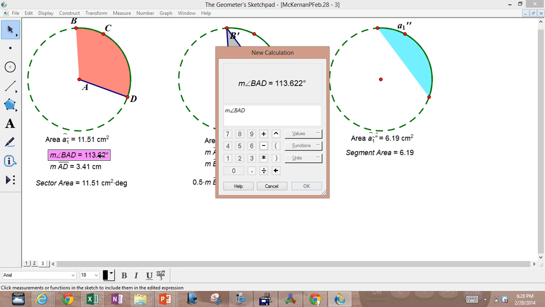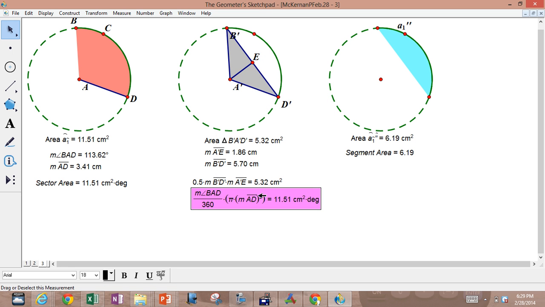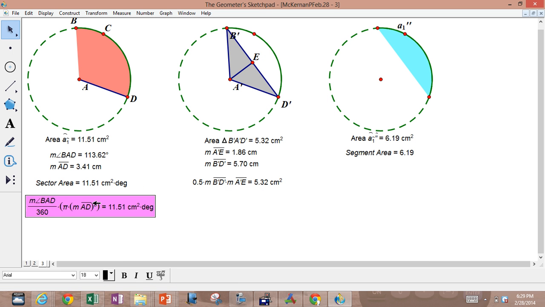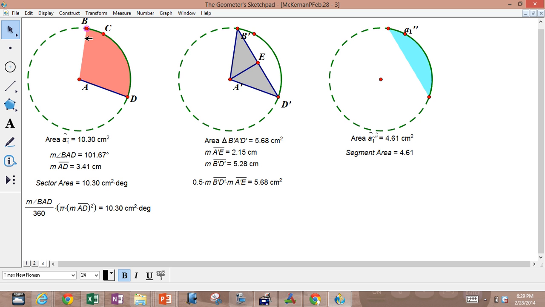The fractional part, the angle divided by the angle measure, 360, times the area, and the area is, of course, pi times the radius squared. So there is my area for that sector. The sector is given that area, and that is in agreement with the area Sketchpad found for us.